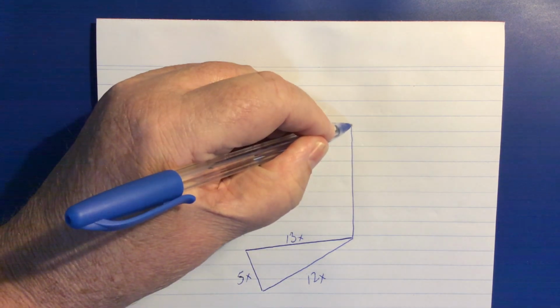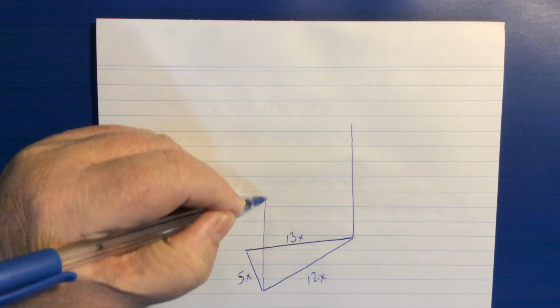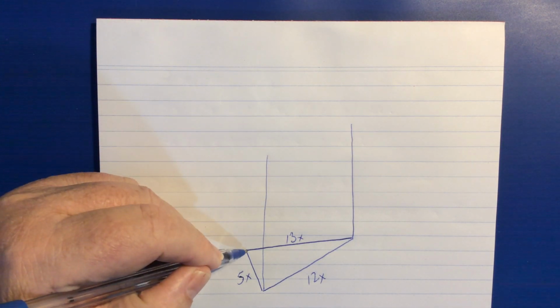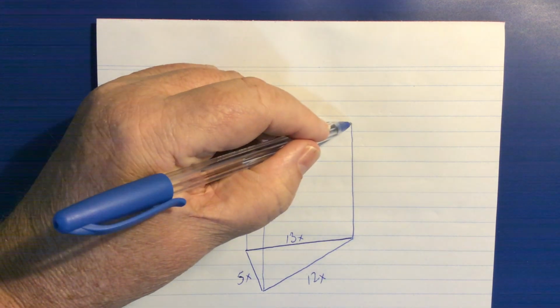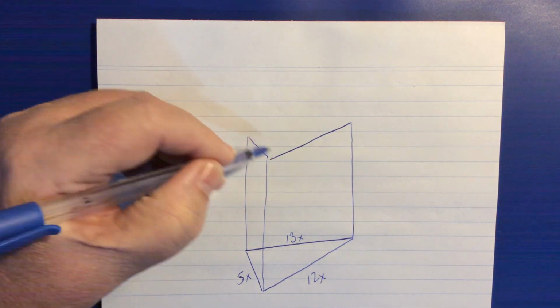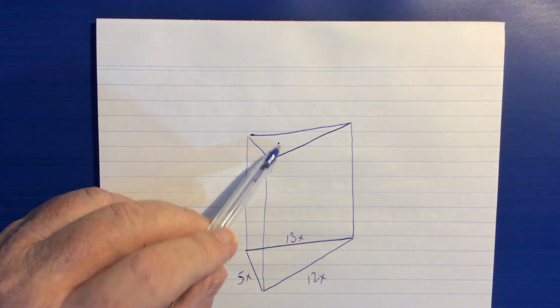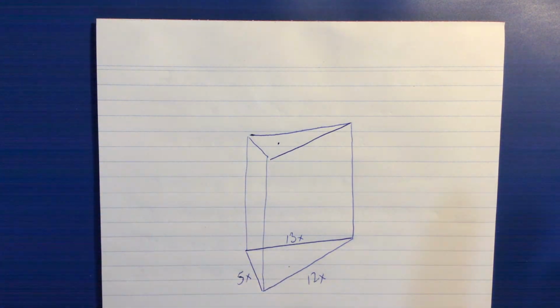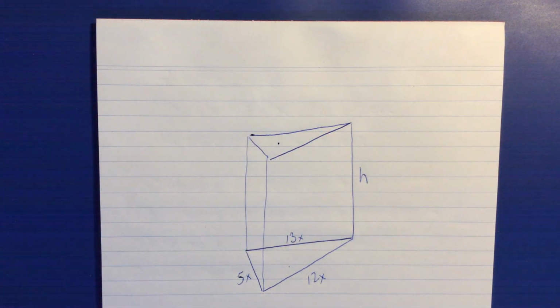And what happens is this thing forms a triangular prism, sort of like this. And this and this are the same size, they're the same triangle, and the height of this thing is h.